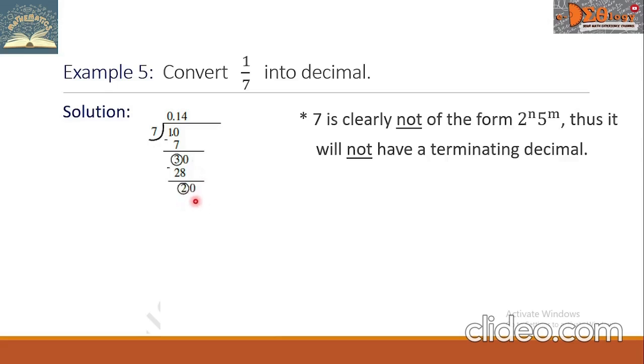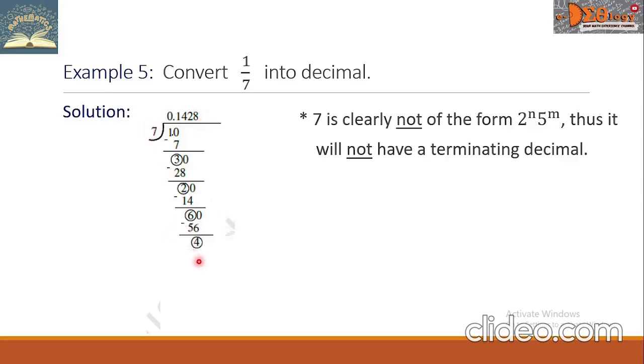Then add another 0. 20 divided by 7 is 2. 2 times 7 is 14. 20 minus 14 is 6. Then we add another 0. 60 divided by 7 is 8. 8 times 7 is 56.